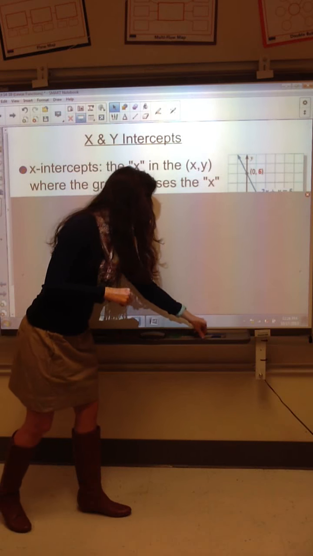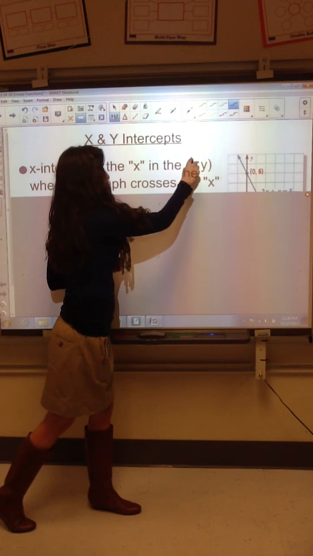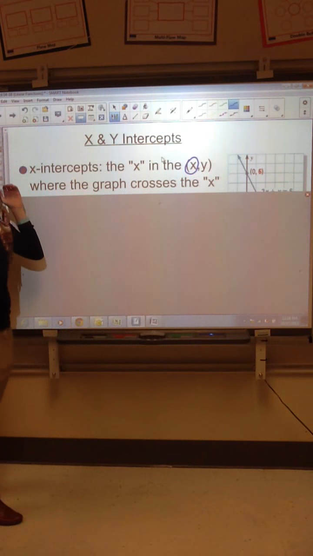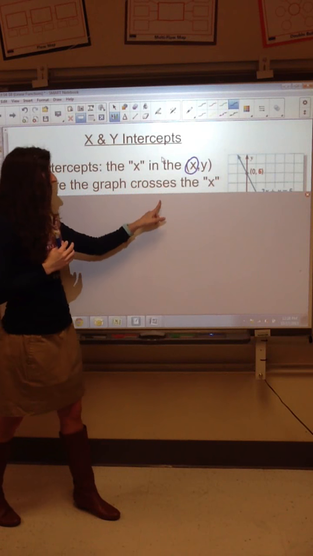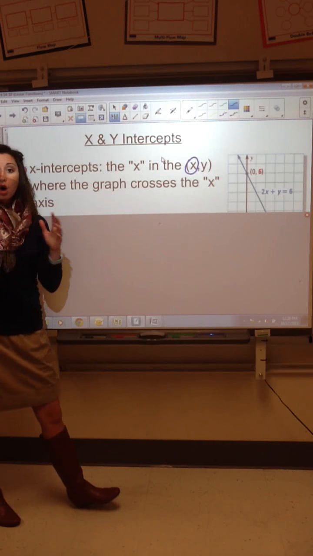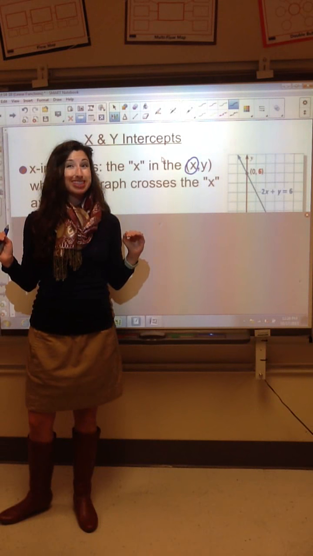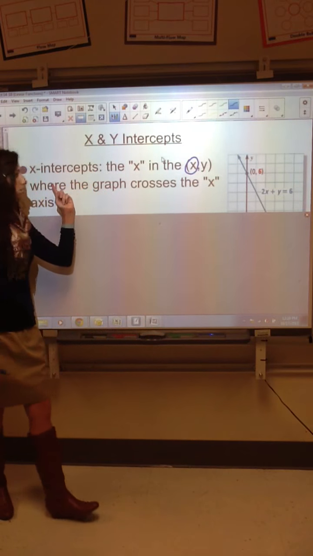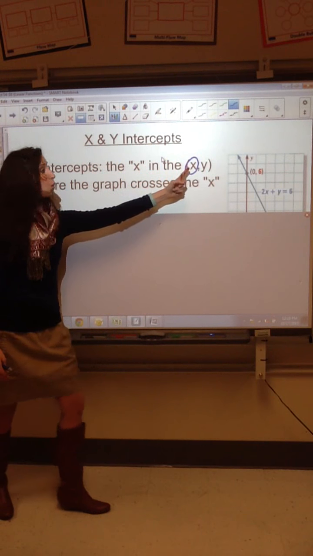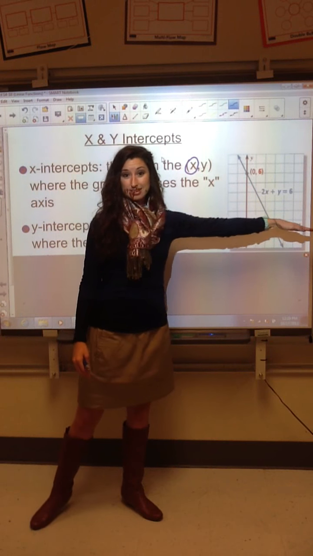X-intercept is the x of the coordinate where the graph crosses the x-axis. Hopefully you guys remember and show me with your arms, even though it's a video. Which direction does the x-axis go? So the x-intercept is the x part when the graph touches the x-axis.